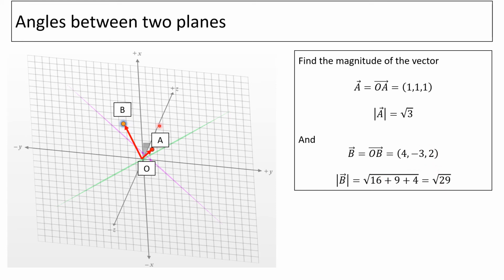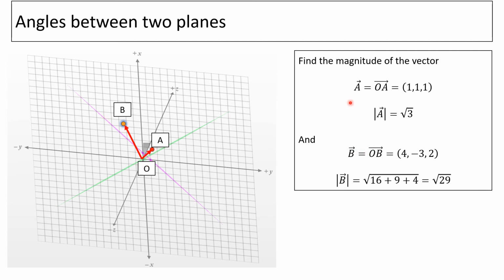This point is also a vector from the origin, where the tail is at the origin. So in order to find the overlap between the two planes, it is sufficient to look at the overlap of these two vectors, which we call OA and OB.